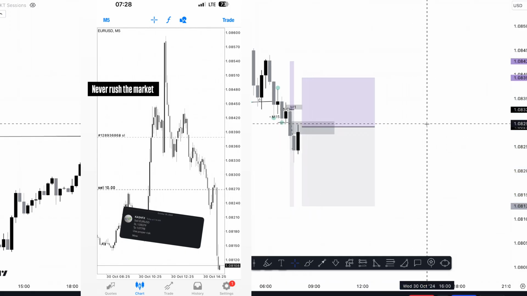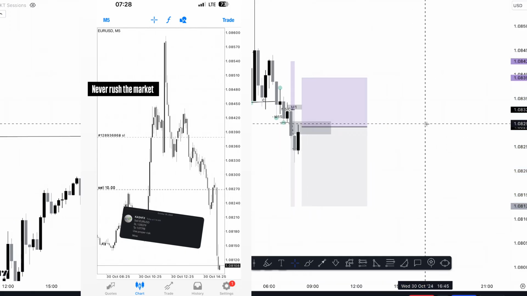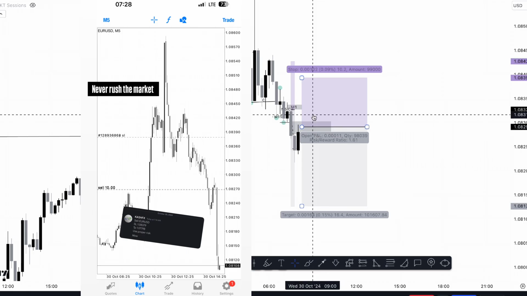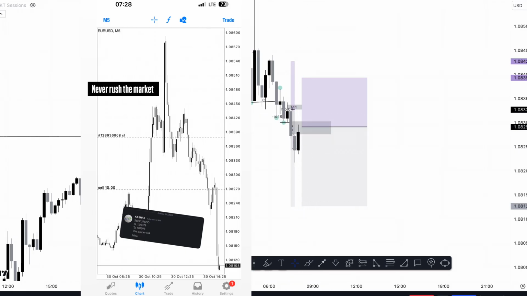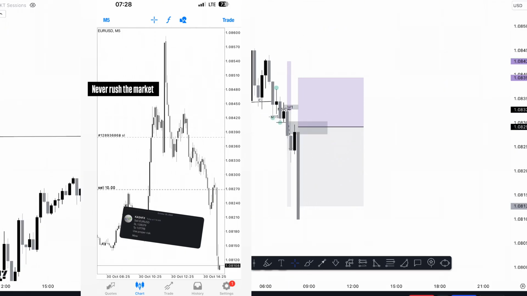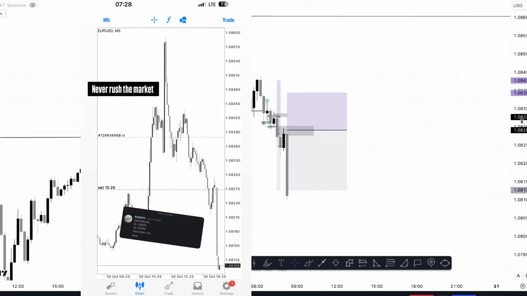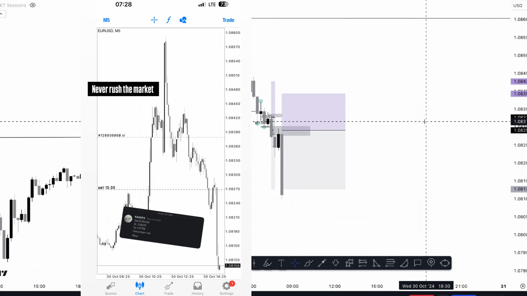So it's pretty much 1.5 R, and that's where I took my entry, and price pretty much just ripped with the news. All right, I'll show you guys the entry that I got, and I also shared this trade inside my Discord.